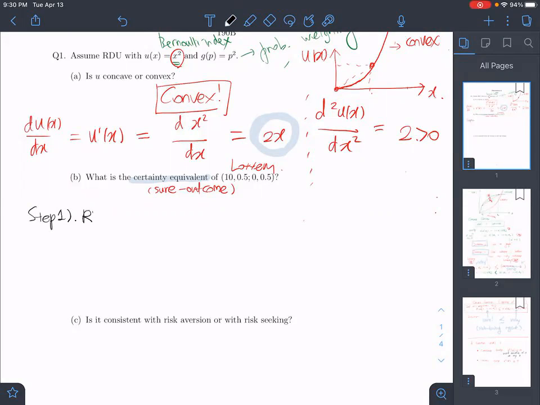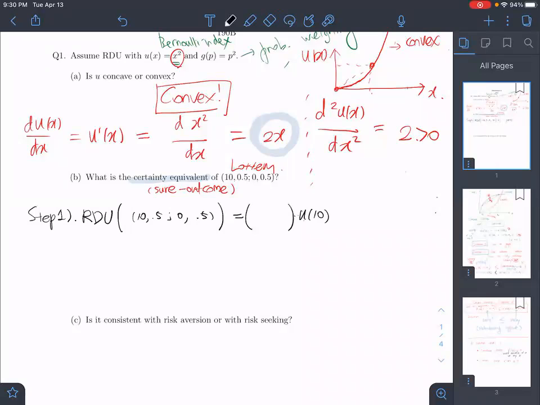So get the RDU, the rank dependent utility, of (10, 0.5; 0, 0.5). What is this? So the best outcome is 10. So we have U of 10. And then this is the best outcome.